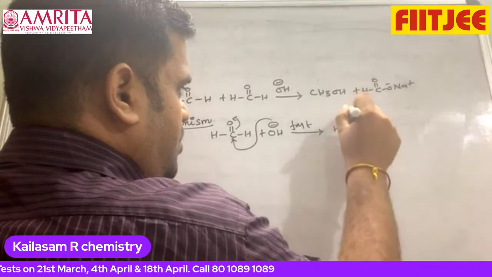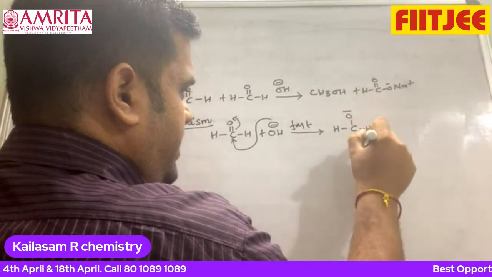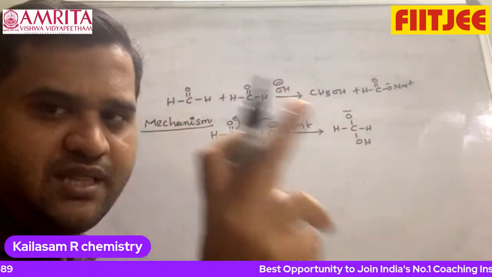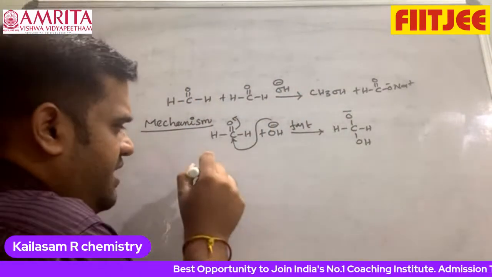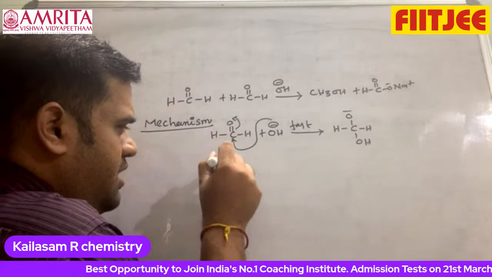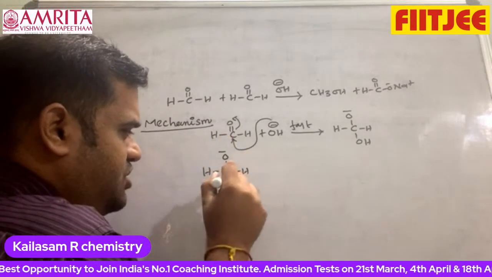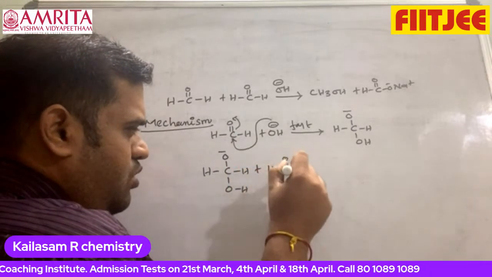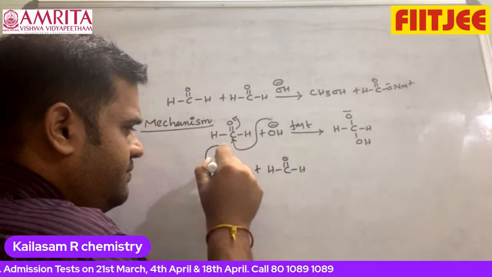This gives an intermediate. An intermediate cannot be expressed in the rate equation. So now I can write the intermediate, with H here and one OH, plus HCHO.